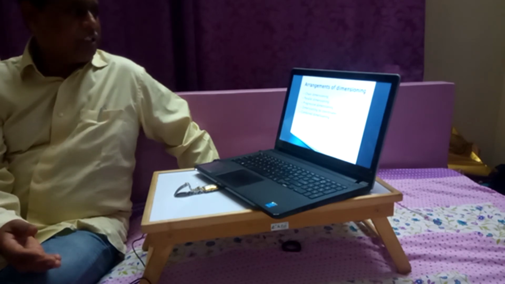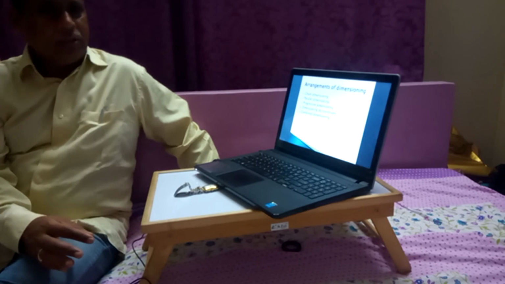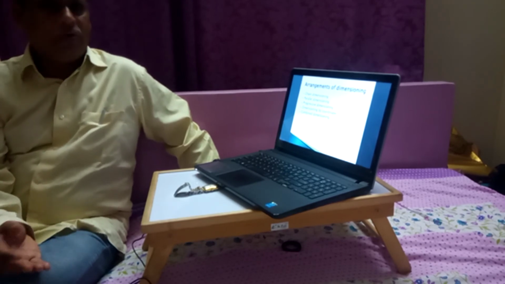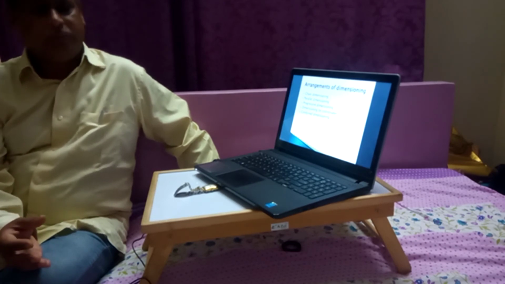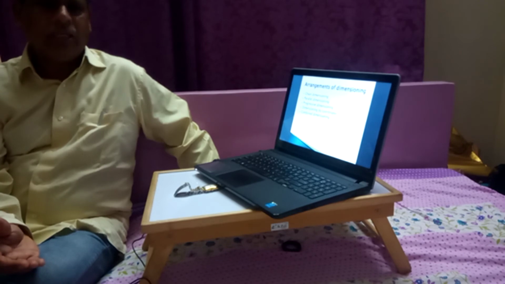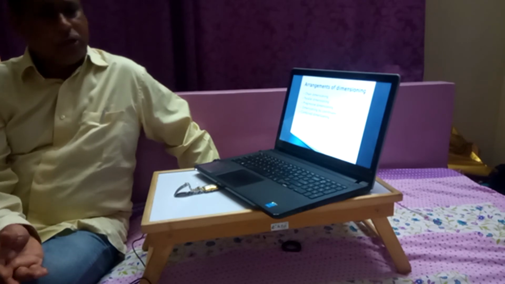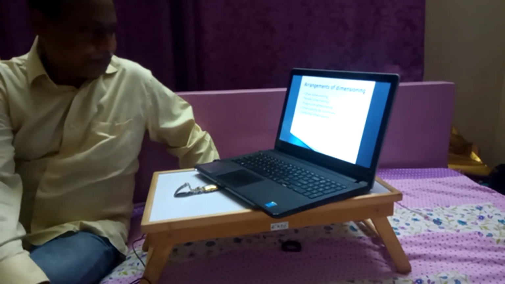Chain dimensioning and parallel dimensioning are sometimes combined. Sometimes it necessitates that we use both types of dimensioning. Generally we don't combine them, but in special circumstances we have to, and then we use one or other arrangements by clubbing them.